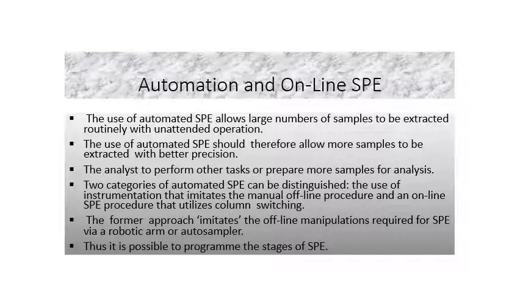Two categories of automated SPE can be distinguished: the use of instrumentation that imitates the manual offline procedures, and an online SPE procedure that utilizes column switching. The former approach imitates the offline manipulation required for SPE via a robotic arm or autosampler. Thus, it is possible to program the stages of SPE.